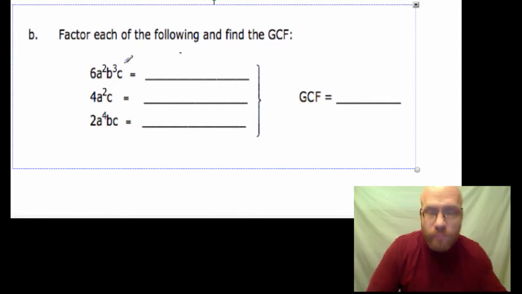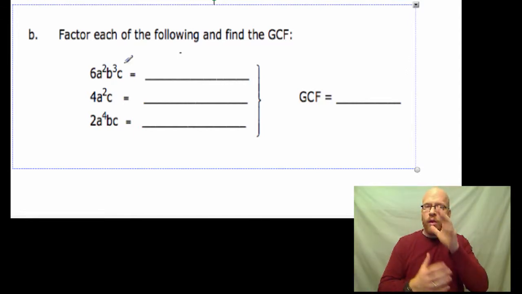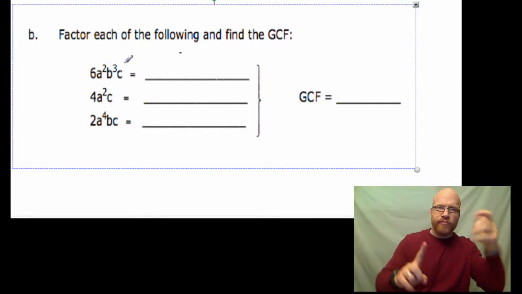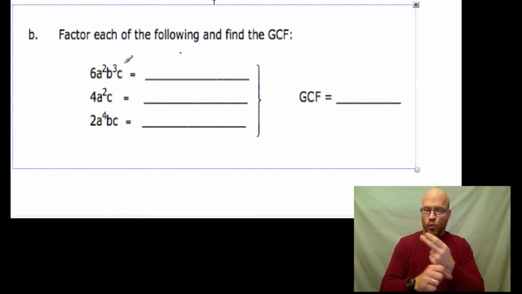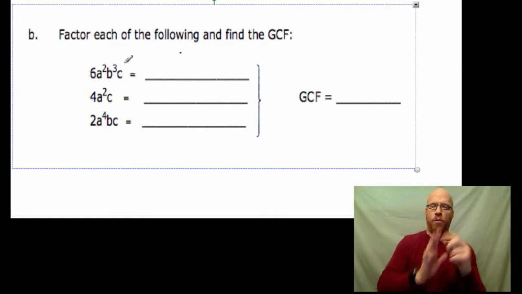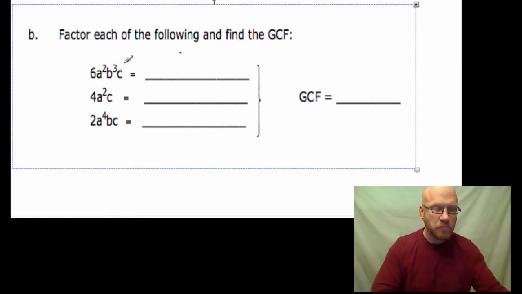Now, for these, we're going to write the factors out first for each term: the numeral part, the coefficient, and then the variable part.